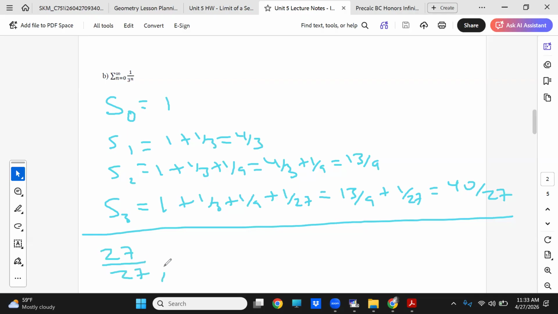That's 1. 36 over 27. 39 over 27. And then 40 over 27. Okay. So ultimately, what do you think this is going to do? This will converge.